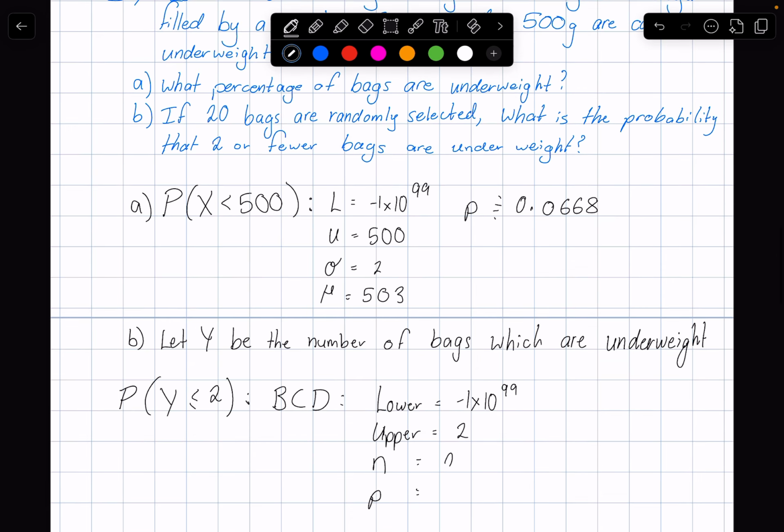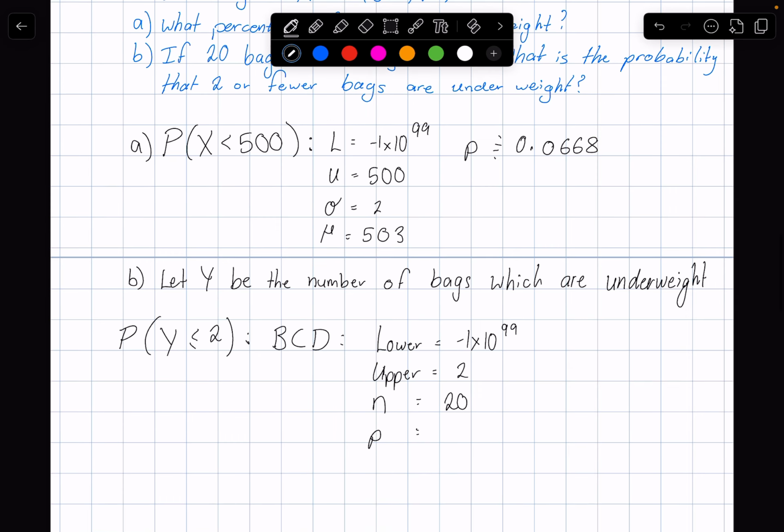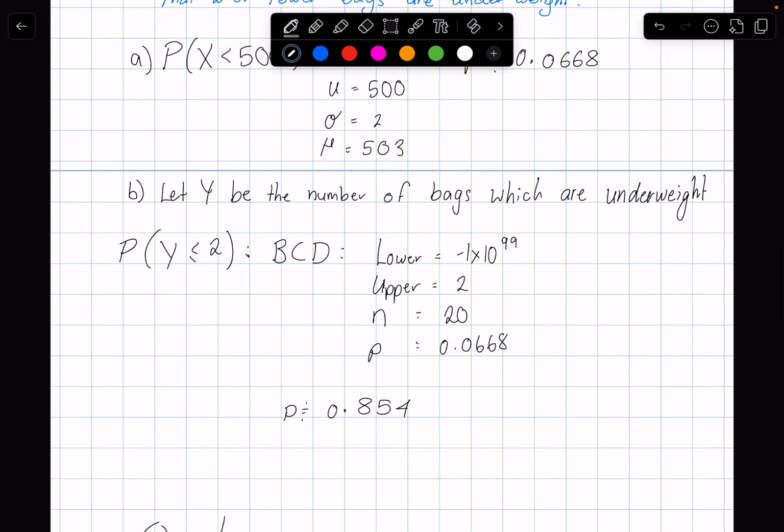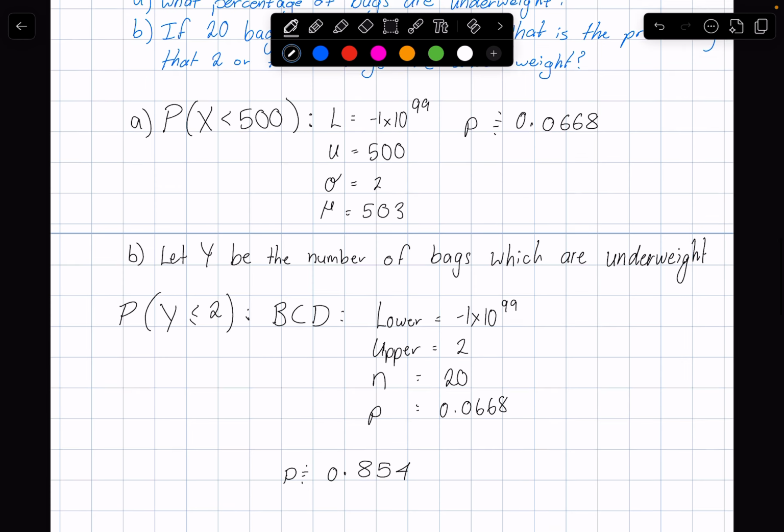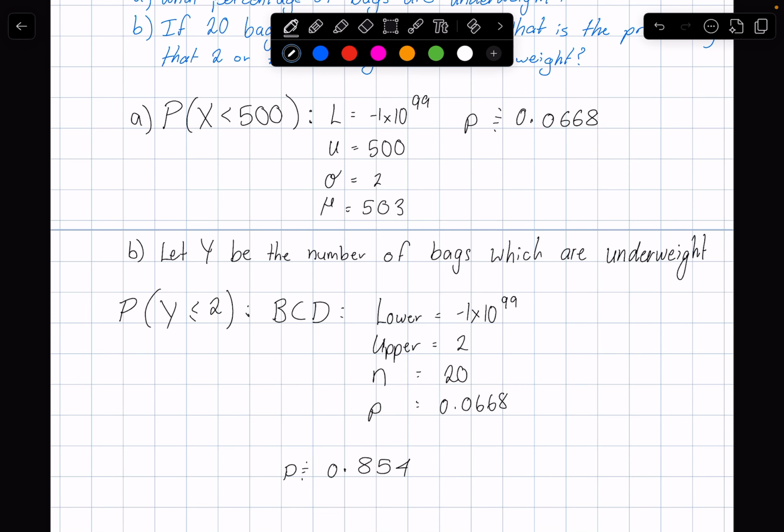The number of trials is 20 bags, and the probability that a bag is underweight is the value we calculated in part A, 0.0668. So the probability that 2 or fewer bags are underweight is approximately 0.854. So a pretty high chance that we're going to have 2 or fewer bags underweight.